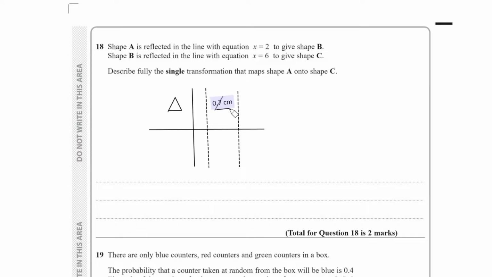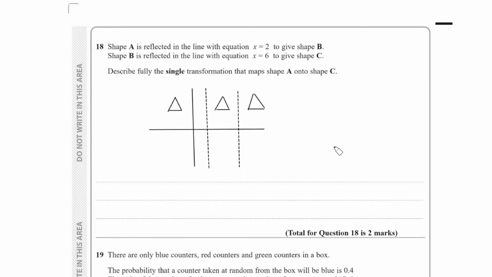Let's say there, and then that's reflected. Imagine that that's an equal amount of distance, and then it would reflect it again. So it's basically just going all the way here, isn't it? You could almost draw that out if you wanted.